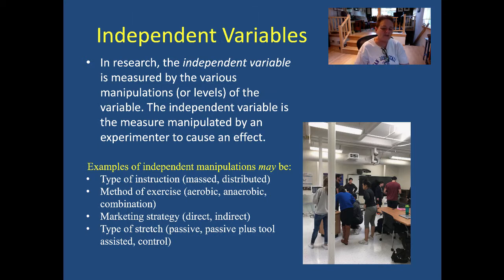And then the last one is something that you might be interested in, athletic training or physical therapy, would be the type of stretch that you engage in with your clients. So you could do a passive stretch, or you could do a passive stretch plus a tool assist. There are many tools that are used in athletic training to increase the length of the muscle fiber and therefore increase stretch.